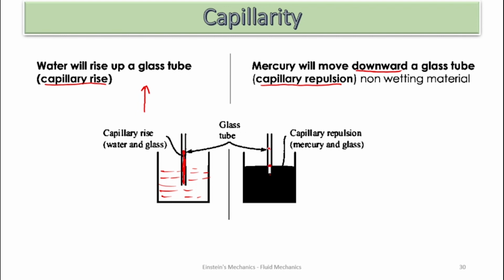If it was water, it would be somewhere here, but the mercury is rather getting down. And that explains the behavior of capillary repulsion. All these effects are due to what? Surface tension. It helps us to explain such phenomena. Are we good?